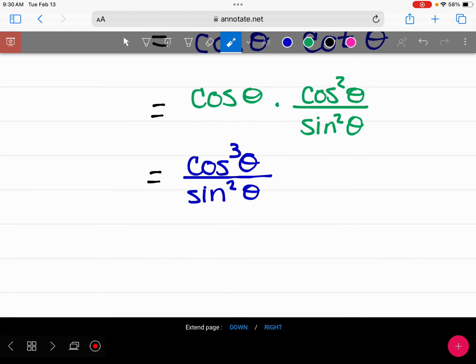To get cotangent cubed, I need to have another sine here. So what I'm going to do is I'm going to multiply this whole thing times 1. But I'm going to make it be a really weird 1. Because I would like to have cosine cubed over sine cubed so I can get that cotangent cubed. So I need another sine on the bottom. But I can't just randomly multiply by sine. However, I can multiply by 1.